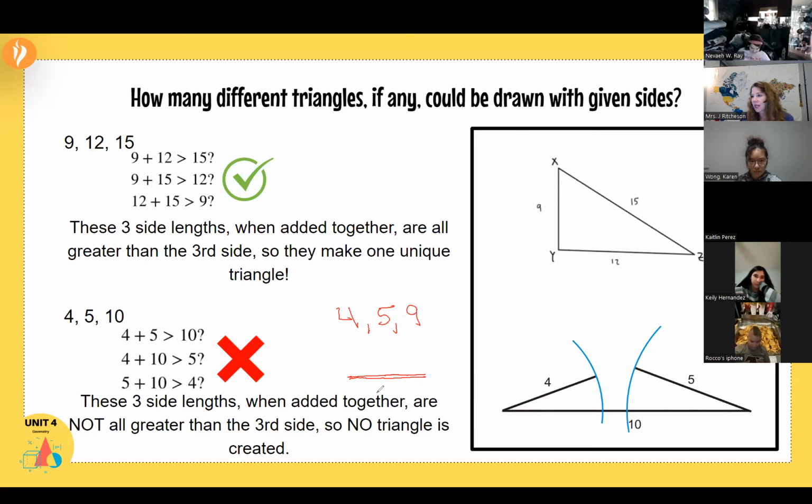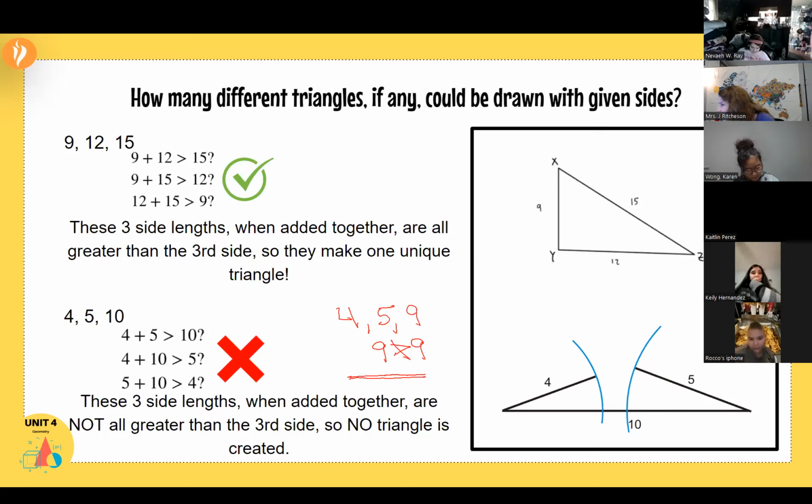You cannot form a triangle with it because 4 plus 5 is 9. 9 is not greater than 9. It's equal to. So if the 2 smaller sides equal the third side, the answer is still no. Okay, so no. Does that make sense?